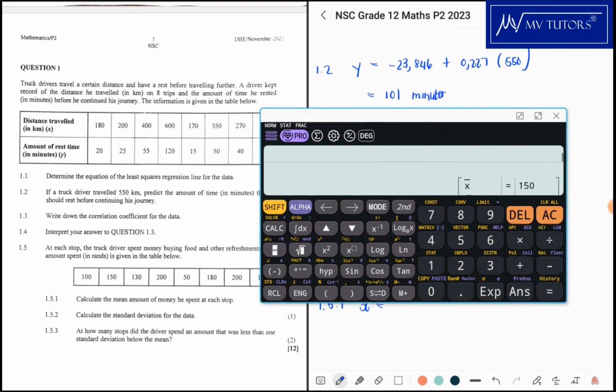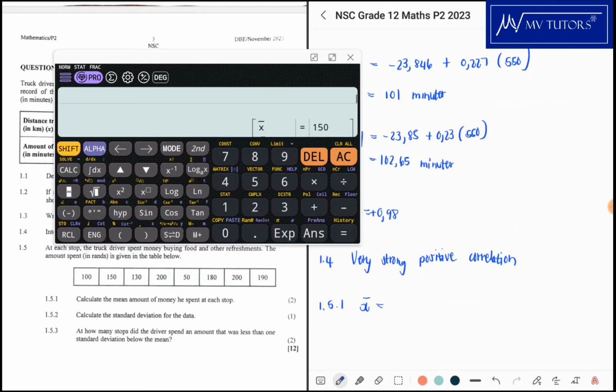Yeah, it gives you a summary. So we get there that it is 150, and this is in rands. Okay, so the mean amount of money spent is 150. You can see here on average, because that's what we're getting if we're calculating the mean. On average, it is around 150. All right, so the answer that we got does make sense.